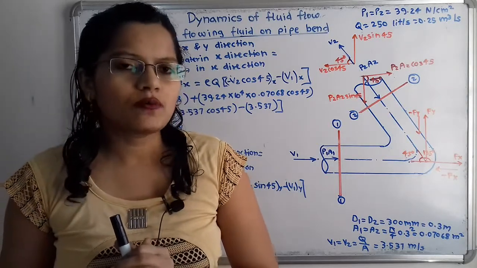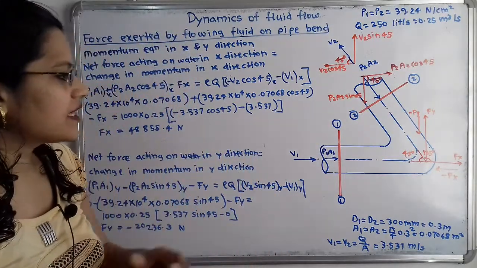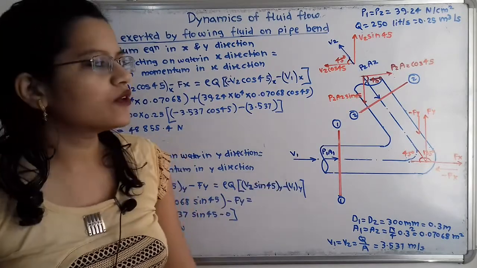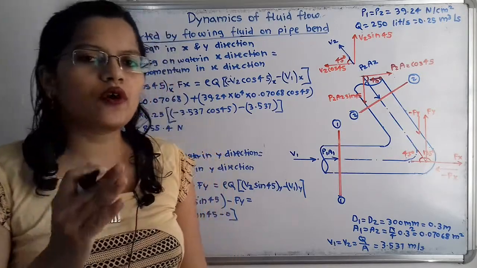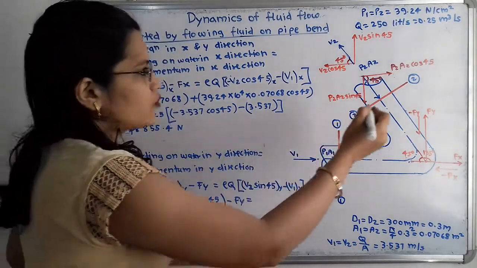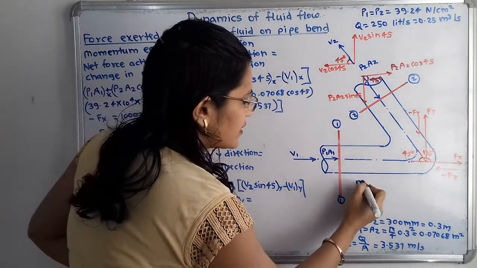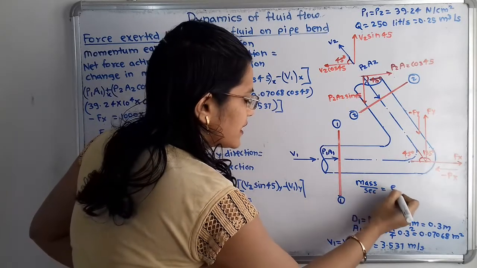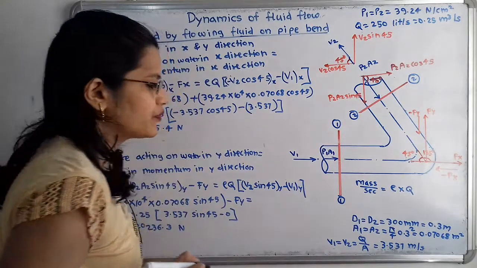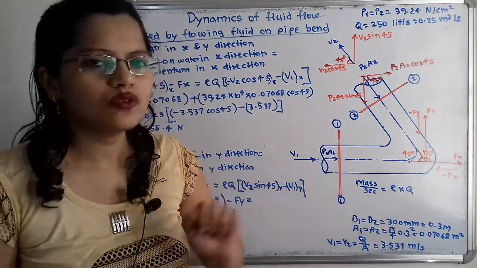So how to show mass? We know the density of water, that is rho, and we also know the discharge Q. So in terms of rho and Q, we can write the formula for mass per second. Mass per second is equal to density multiplied by Q. So we will write this as rho into Q.